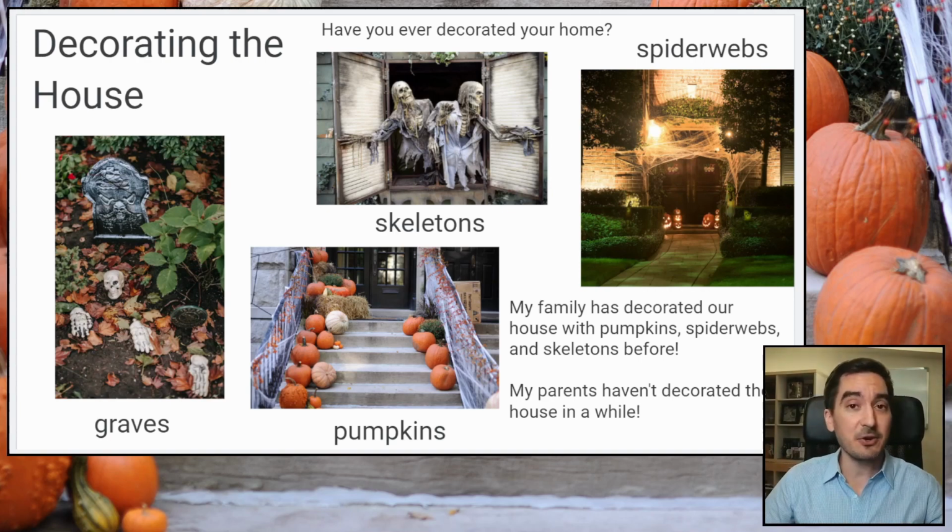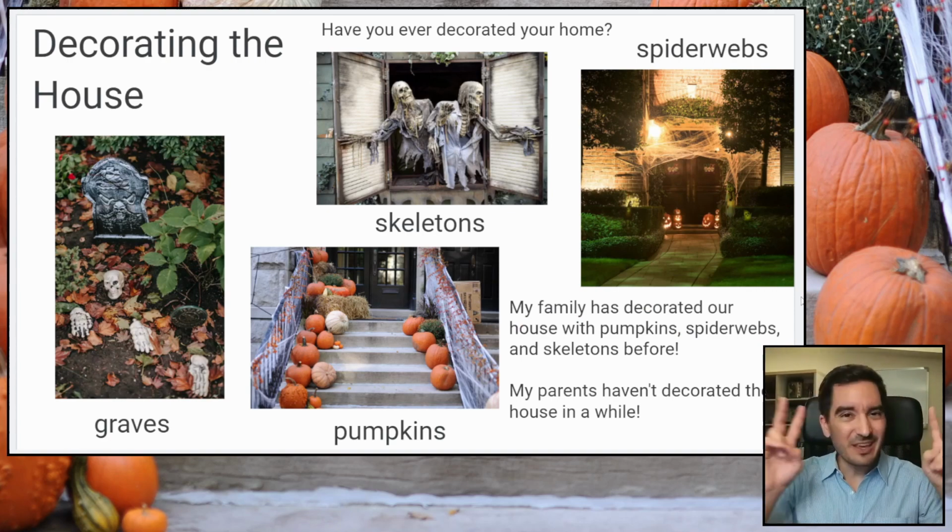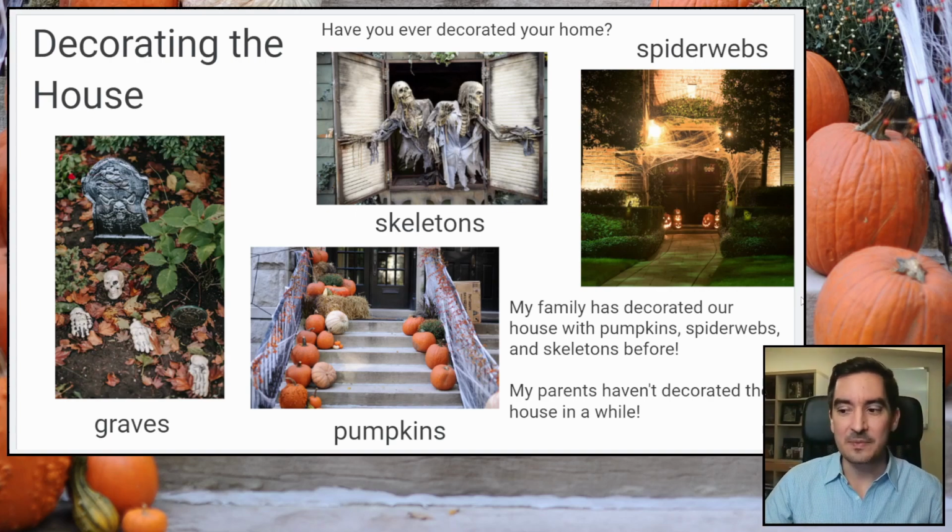So this is an experience in my life and in my family's life. My family has decorated our house with all these things, okay? So we have our subject, my family, and a family is one thing. You can say, it's kind of like an it. A family is a thing. And so we change this to has.